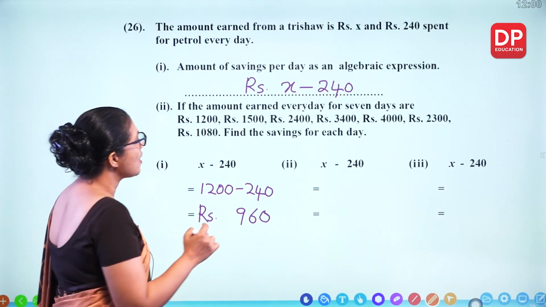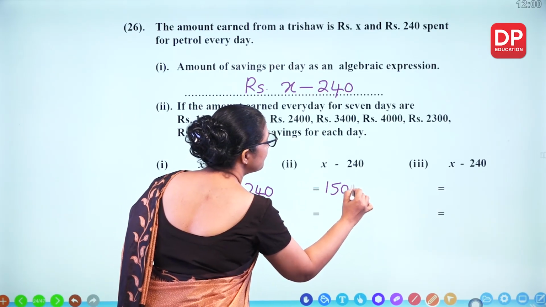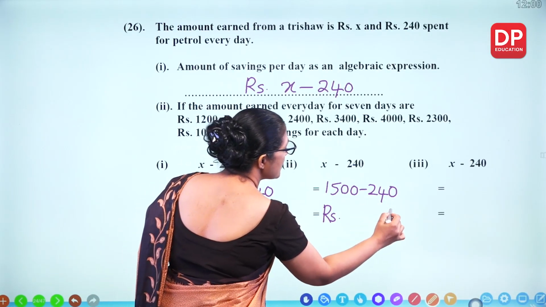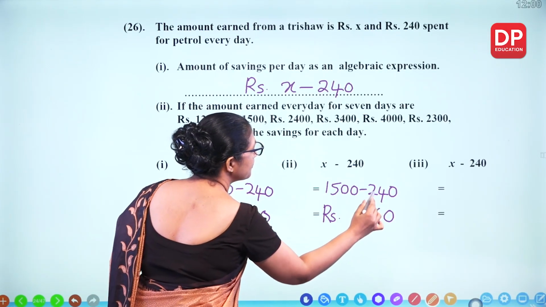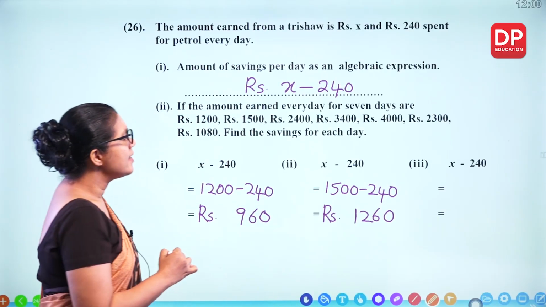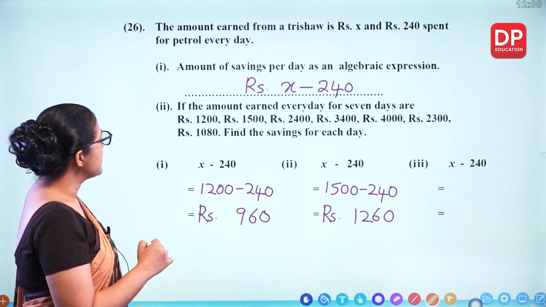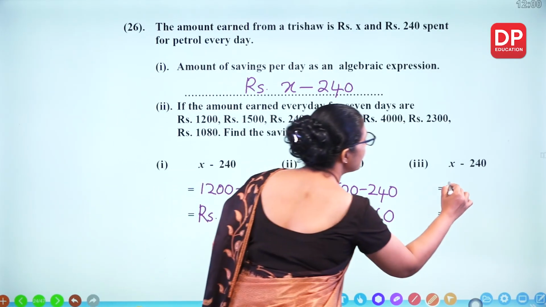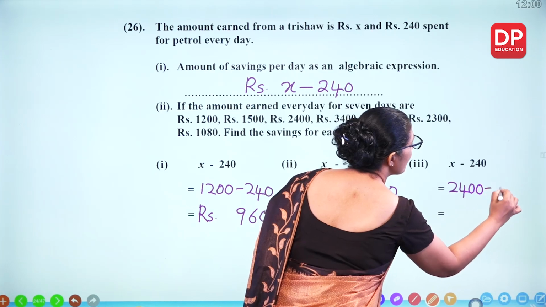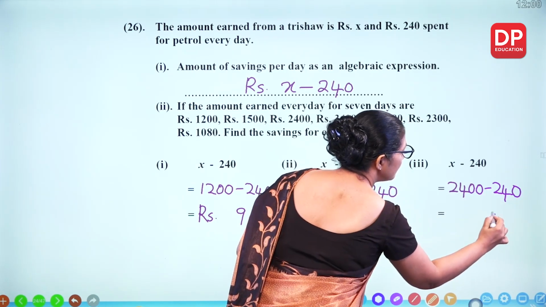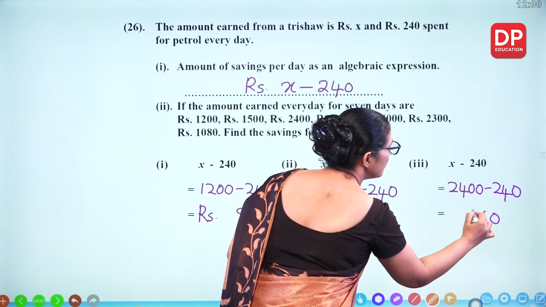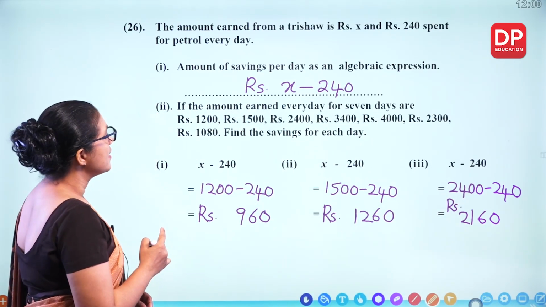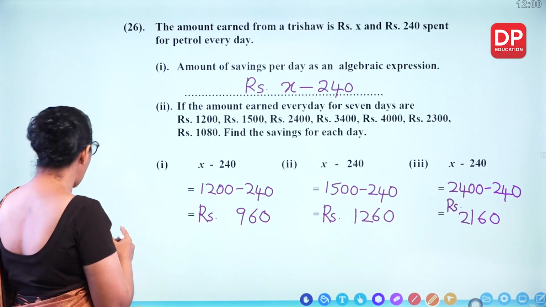When X equals 1500, what's the value of savings? 1260 rupees. If this is 2400, you get 2160 rupees. Then 3400.